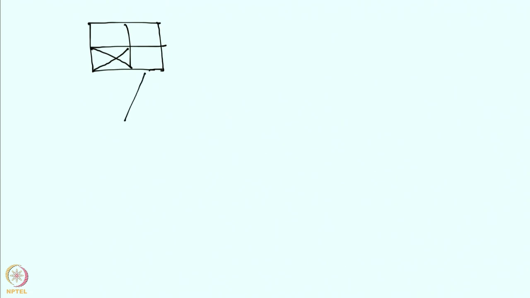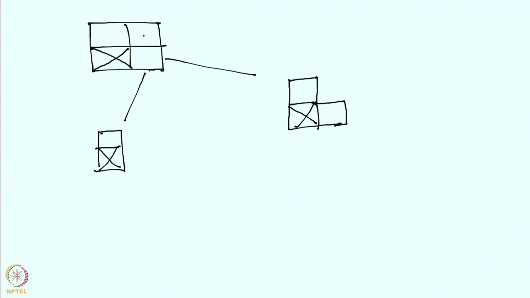It can go to the following position if this particular piece is taken by the player. It is also possible that it can go to this position if player 1 takes this, and of course there is another possibility, this one.